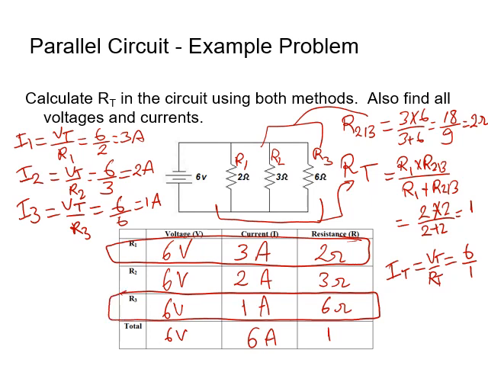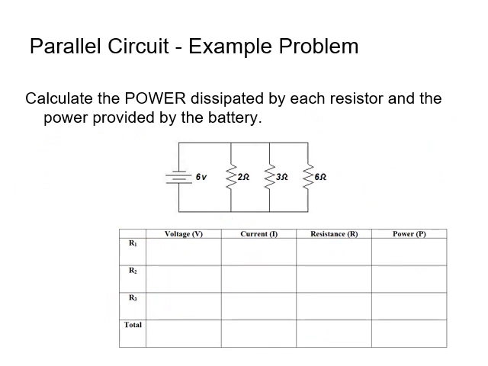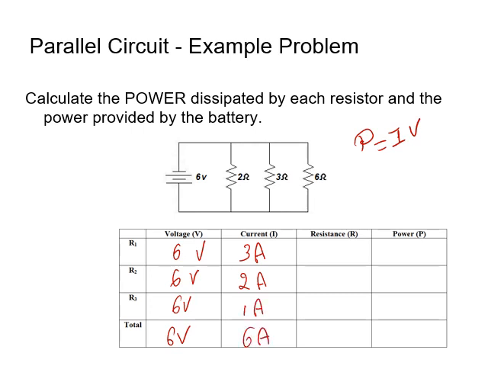Okay? Now we calculate the power dissipated. We know that P is equal to IV. These are all 6 volts. We know that the current through R1 is 3 amps, through R2 is 2 amps, through R3 is 1 amp, and the total current is 6 amps.